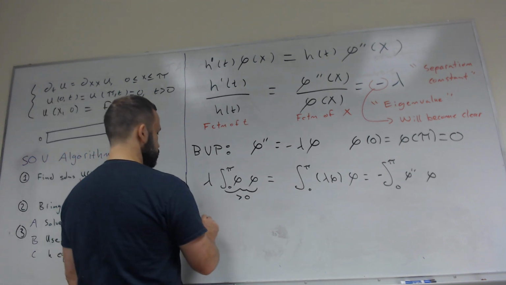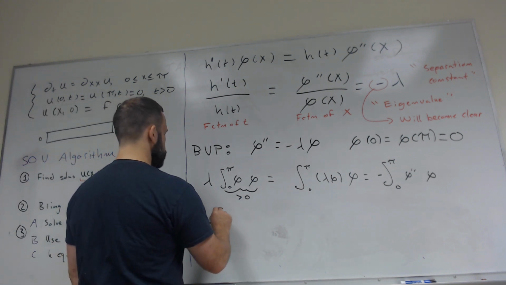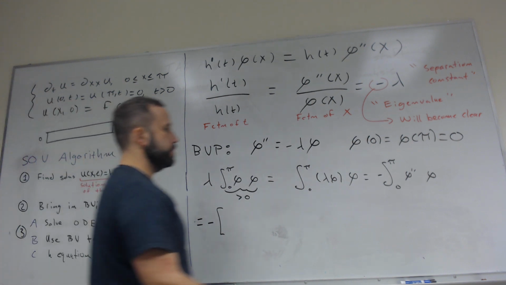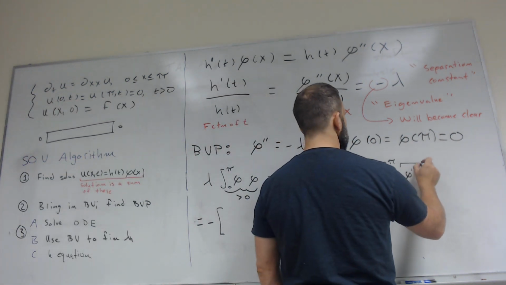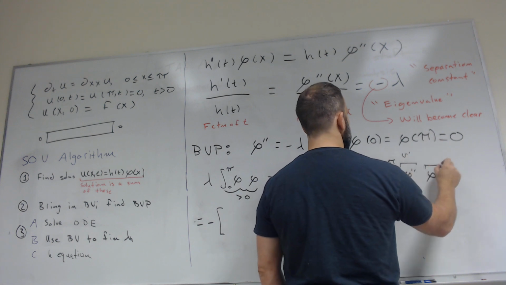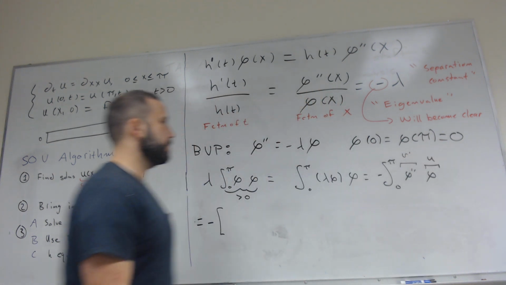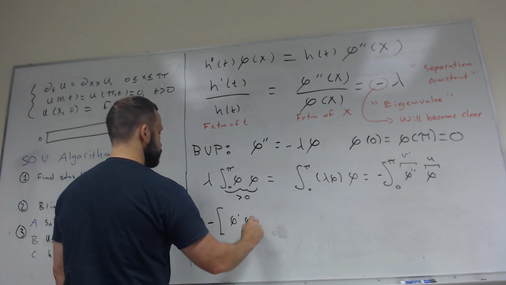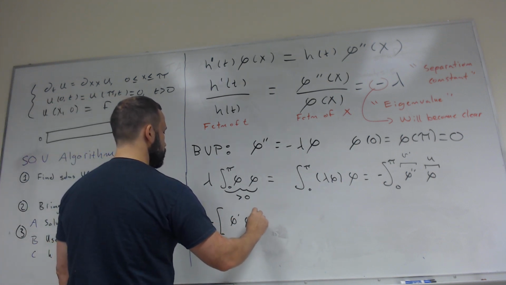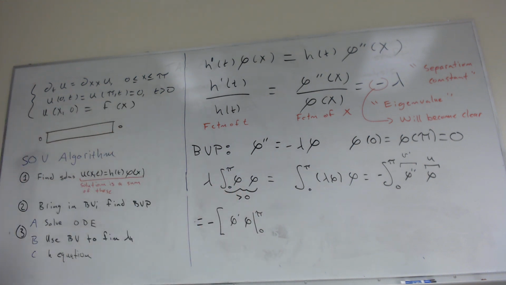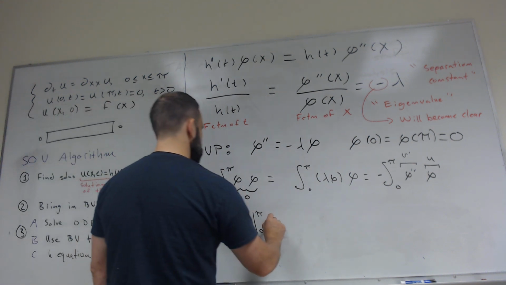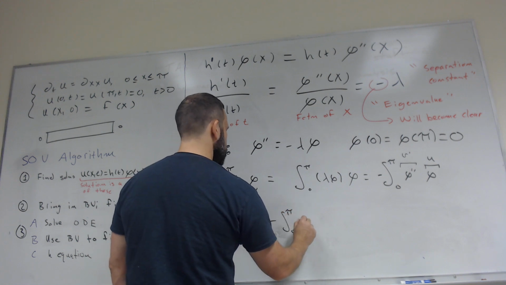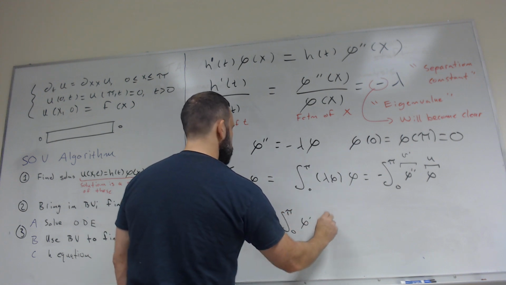And so this is going to be equal to minus, okay, so now what's going to happen here, using standard integration by parts notation, this is like v prime, this is u, so I'm going to get u times v, which is phi prime times phi evaluated from 0 to pi, minus the integral from 0 to pi of phi prime times phi prime.